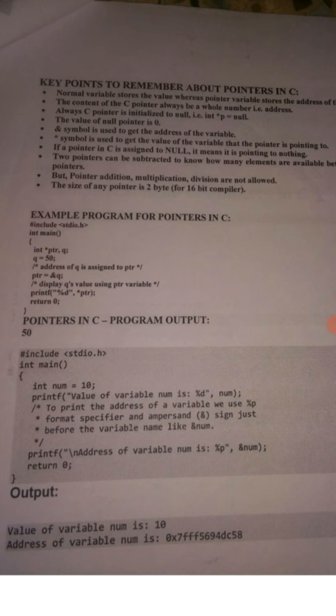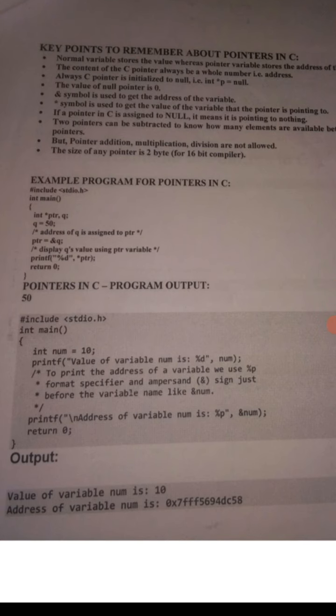See, the address of q is assigned to the pointer: pointer = &q. Then next, printf with %d, which is a format specifier for printing the number.